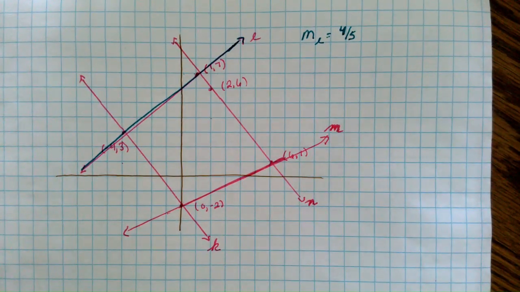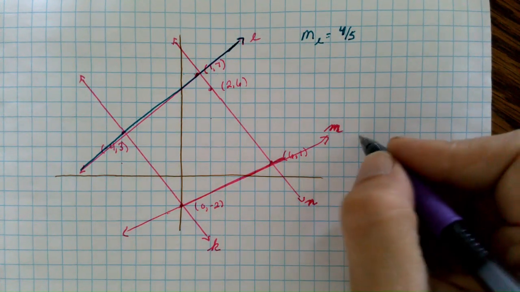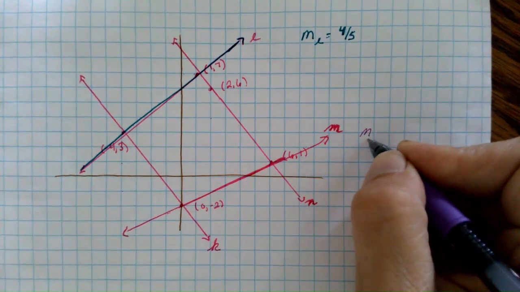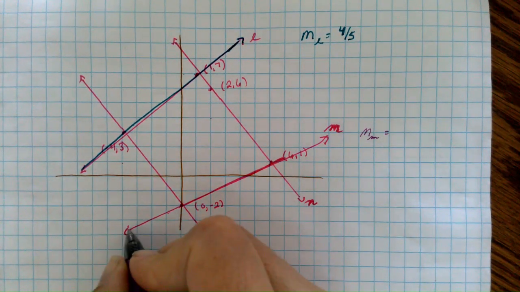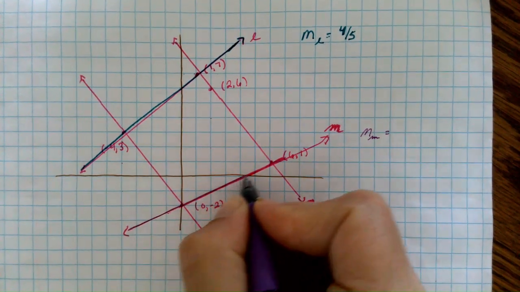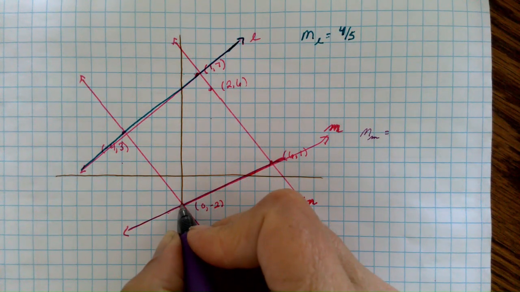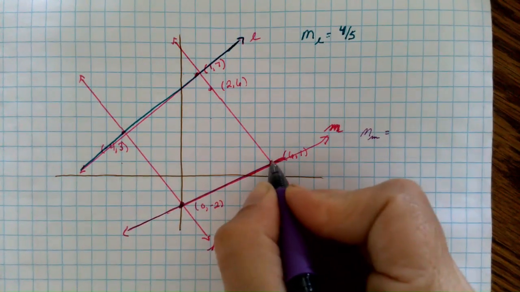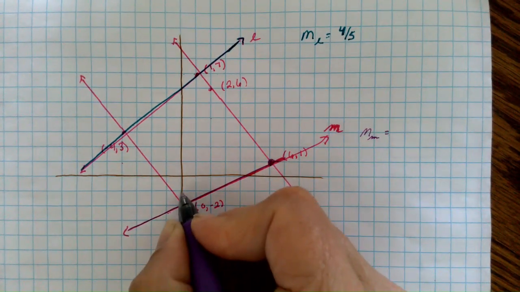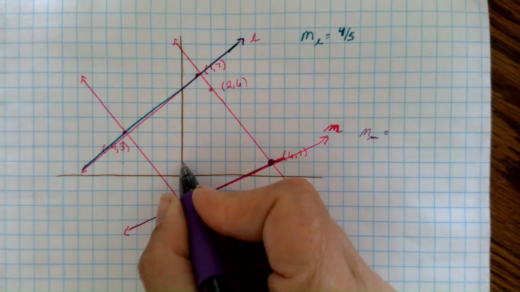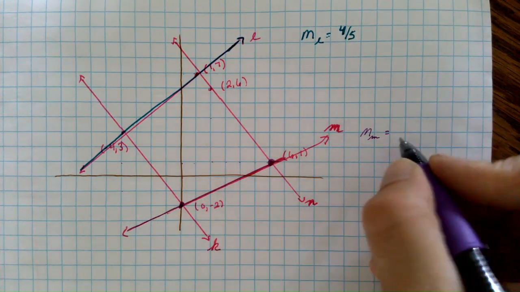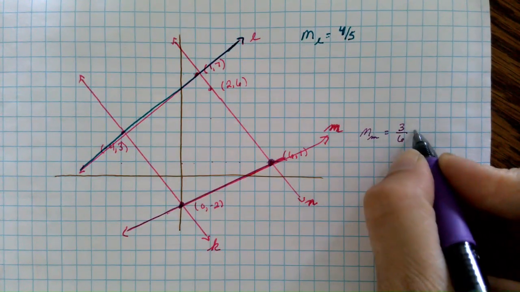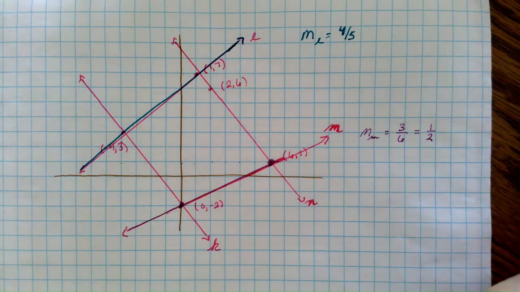Okay, now let's do the slope of line M. Looks like we go through this point and through this point. So we've got 1, 2, 3 over 1, 2, 3, 4, 5, 6. So 3 over 6, we'll reduce that to 1/2.